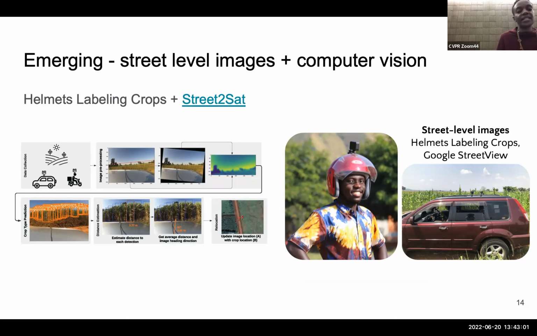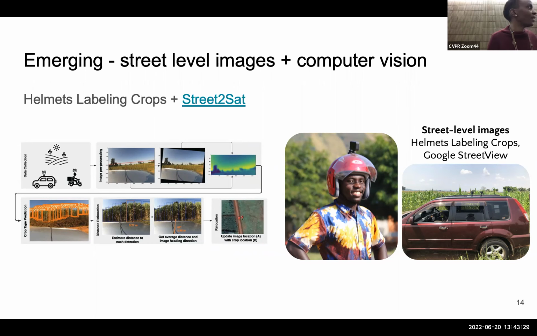But in our case, we're trying to do rapid data collection using cameras. Hannah mentioned the helmets approach, which is collecting data on motorbikes as you're driving. We take pictures using GoPros, and then from those images, we're trying to use computer vision to label the crops that are in those images.